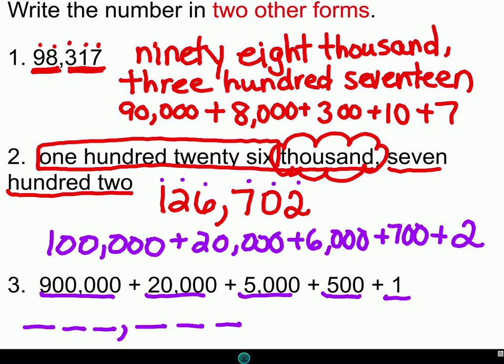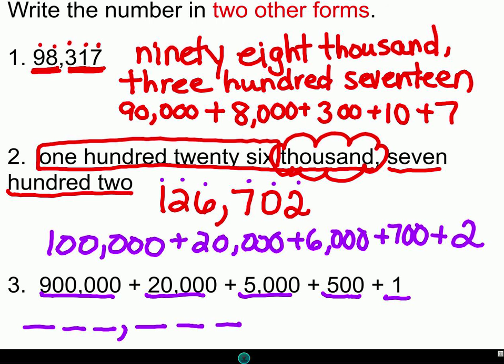So now I could start putting in the digits that belong there, right? So this is 900,000, 20,000, 5,000, 501.